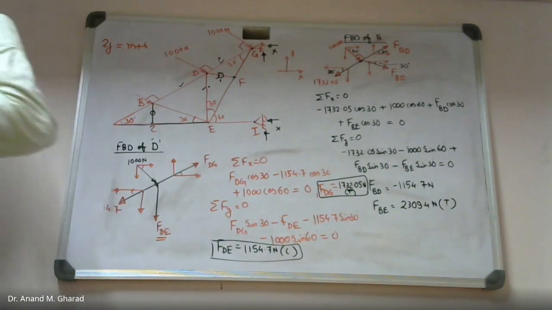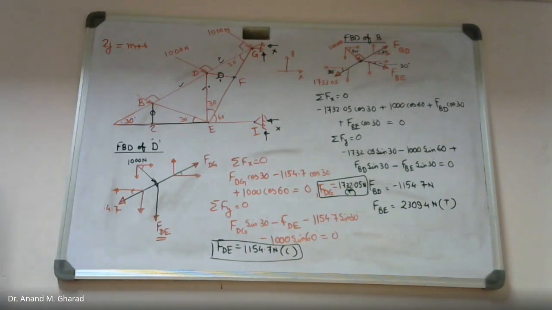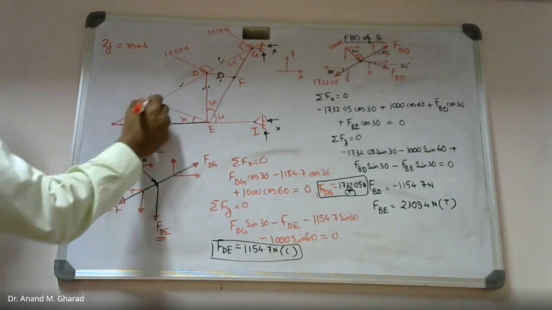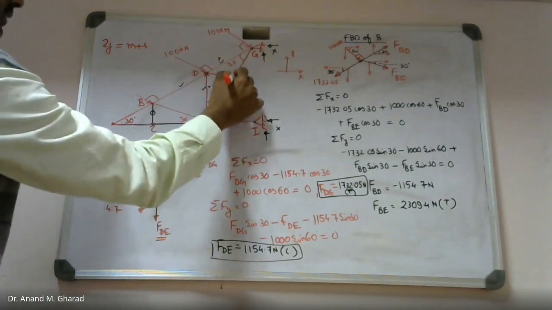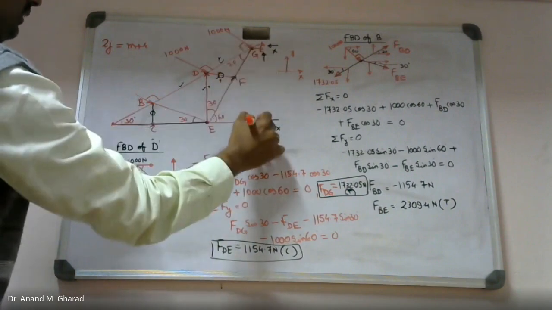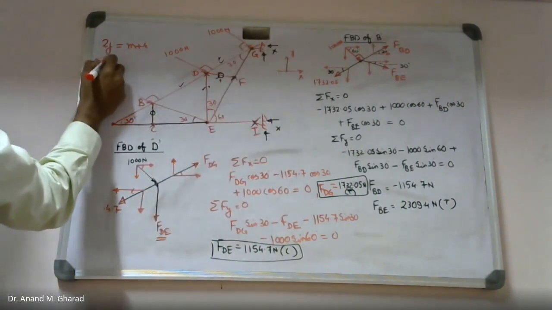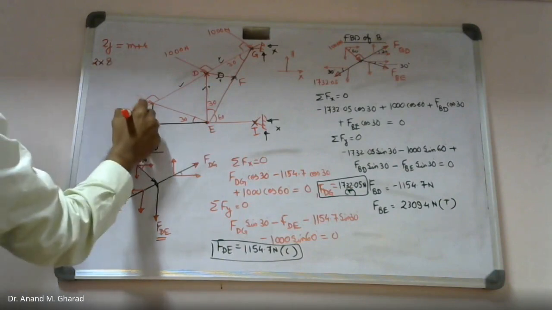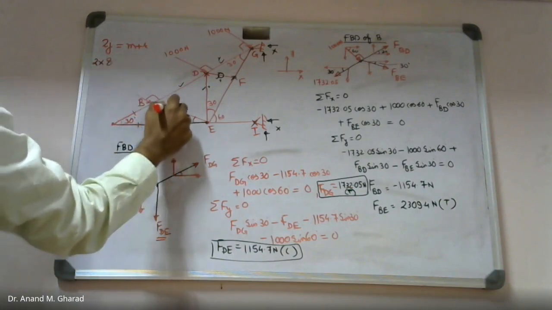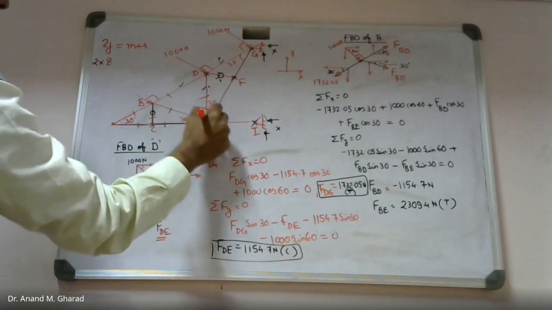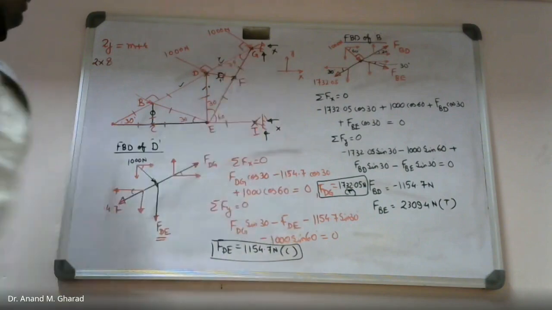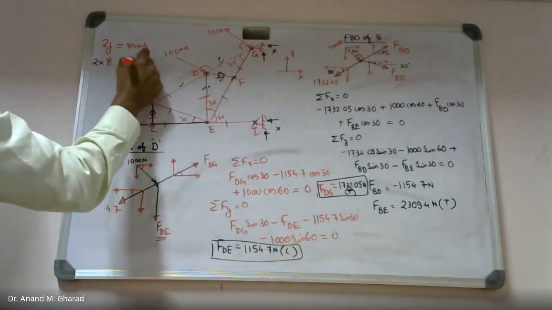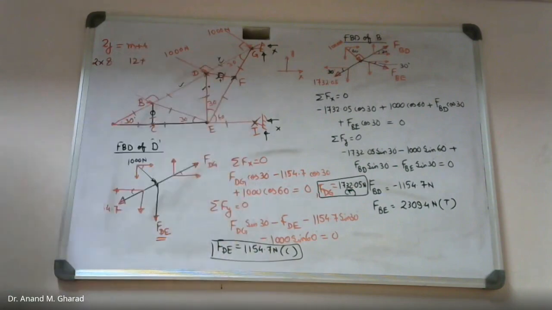How many joints are there? 1, 2, 3, 4, 5, 6, 7, 8. How many members are there? 1, 2, 3, 4, 5, 6, 7, 8, 9, 10, 11, 12. How many unknown reactions are there?